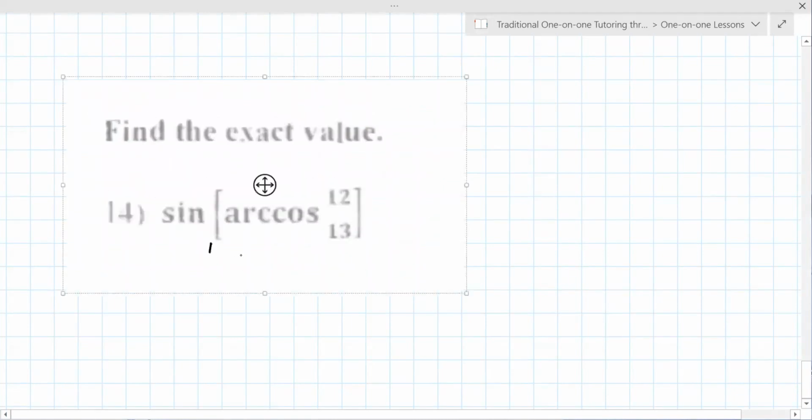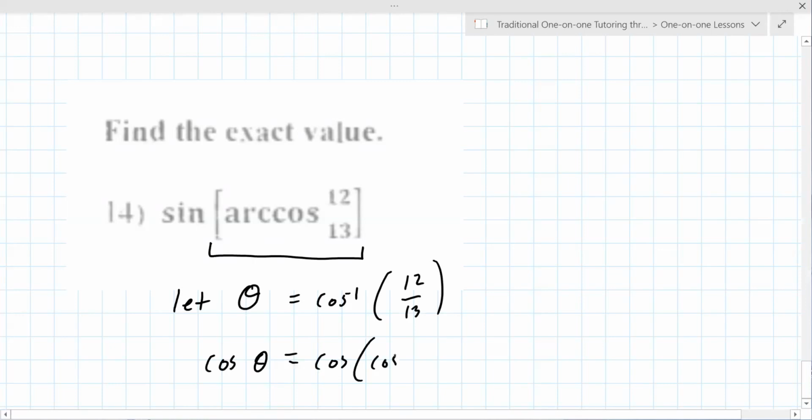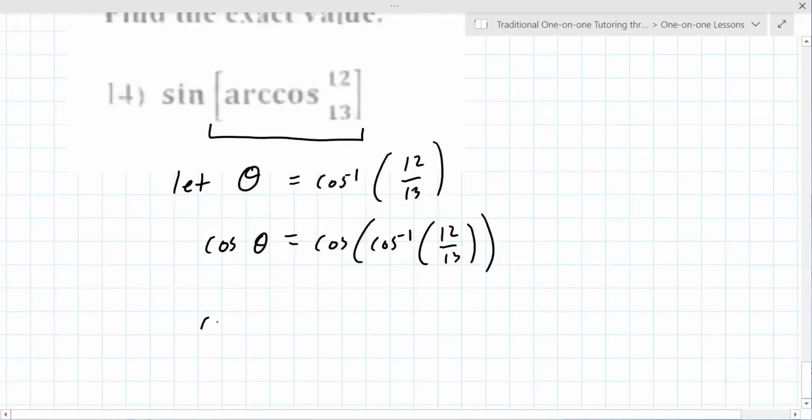Okay, so this one you do have to draw. You could go to a calculator with this, but I don't think you'll get an answer that's reasonable. When you get something unreasonable, you have to work it backwards. So you say let theta equal arc cosine of 12 over 13. You take the cosine of both sides, which undoes the arc cosine, so you get cosine theta equals 12 over 13.